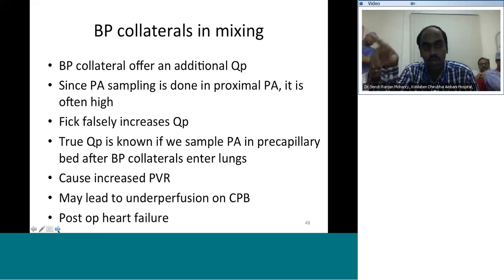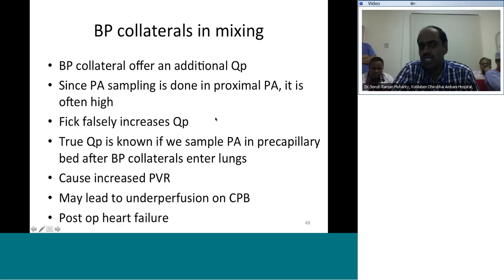Coming to bronchopulmonary collaterals, PDA and bronchopulmonary collaterals are the extracardiac mixing. Bronchopulmonary collaterals basically offer an additional source of QP. When we do catheterization, PA sampling is often done in the proximal PA. The proximal PA saturation will be very high, so the PV minus PA difference will be very low.